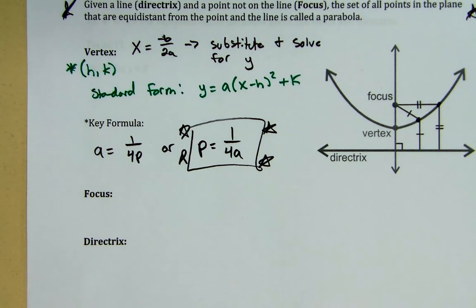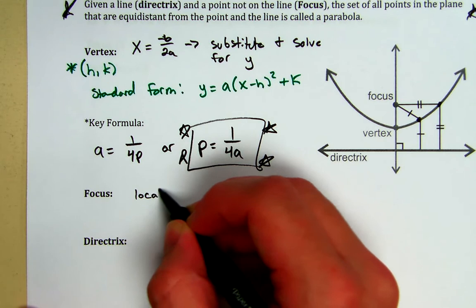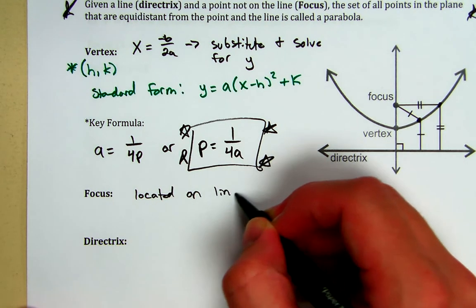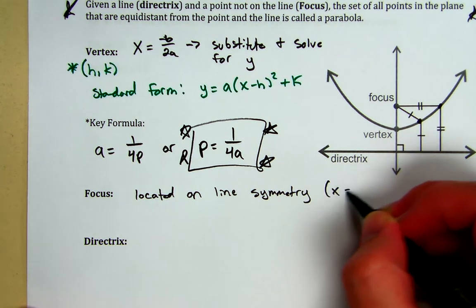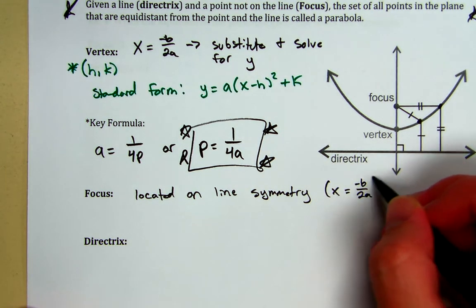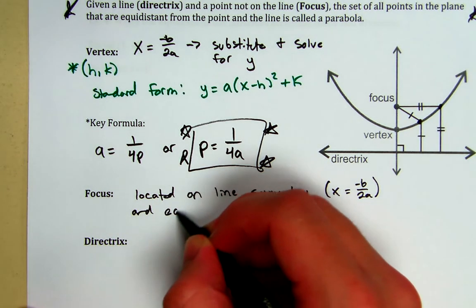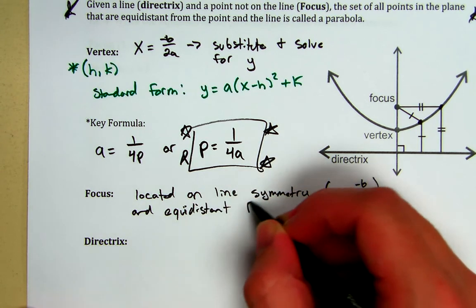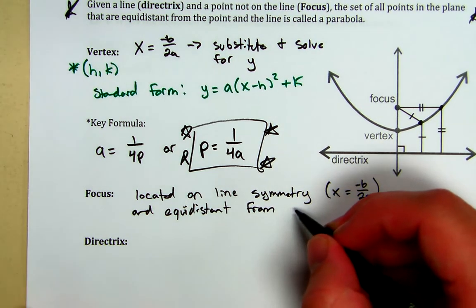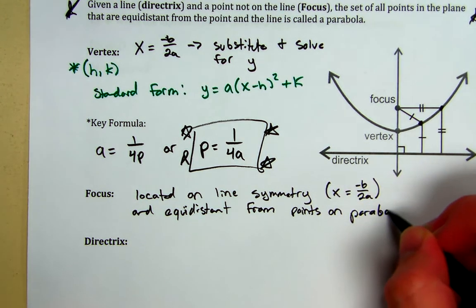The focus is located on the line of symmetry, which is actually your x equals the opposite of b over 2a, and it's equidistant from points on the parabola.